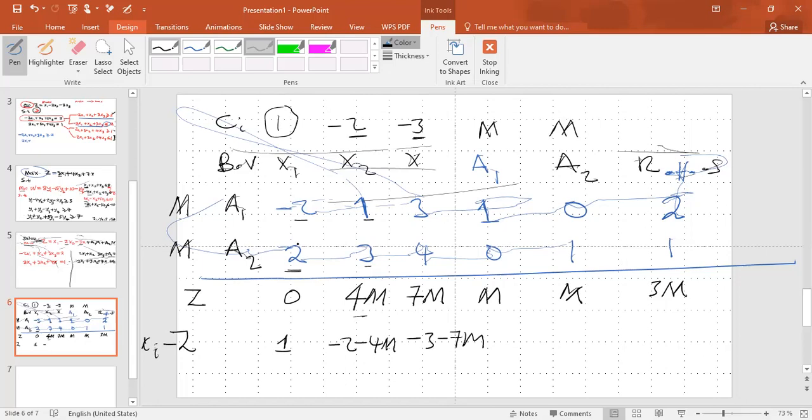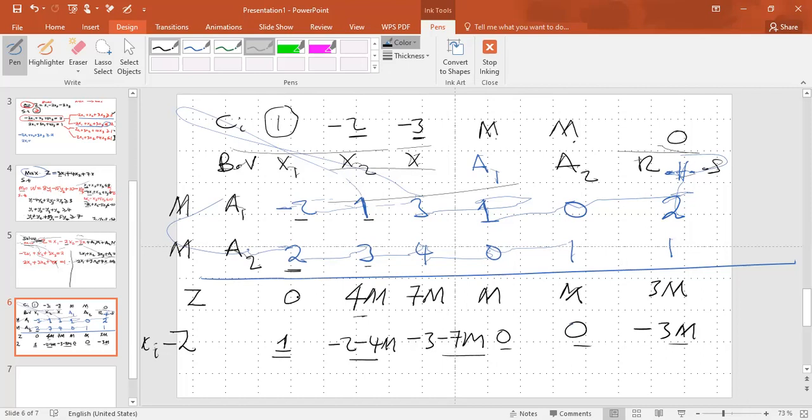When maximizing we add, but since we are minimizing, we do minus. Then M minus M is 0, and 0 minus M minus 3M gives minus 3M. So this is your initial table. Then you pick the biggest negative, negative 7M, and that is how you solve it.